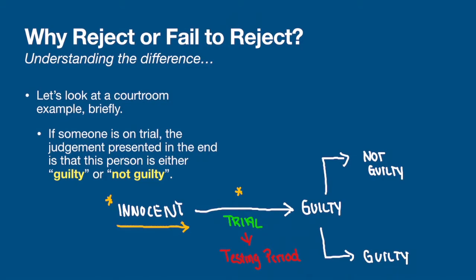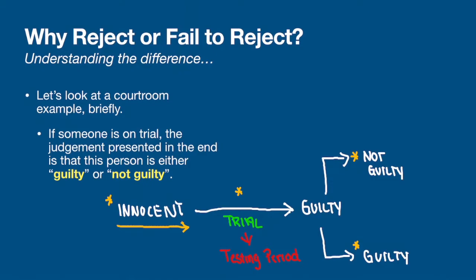And so the reason I say it like this is because on trial, people are looking at evidence, they're going through any kind of information that they can to see if you really are guilty. So again, here's what we're saying. If you're on trial, you can think about it this way, that you're almost on your way to being declared guilty. Now, at the end of that trial, because you're kind of on this track already, the options are that you are either not guilty or that you are guilty.